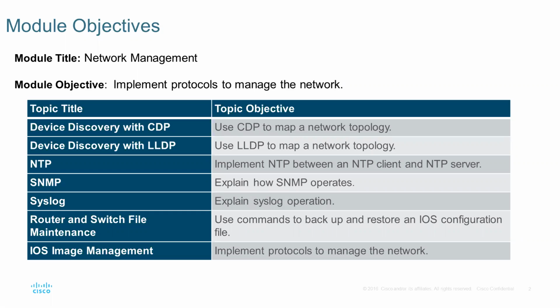We'll look at Syslog, how it's used to keep everything together. And then we'll follow that up with how to back up and restore operating system configuration files, and even protecting and managing those files.